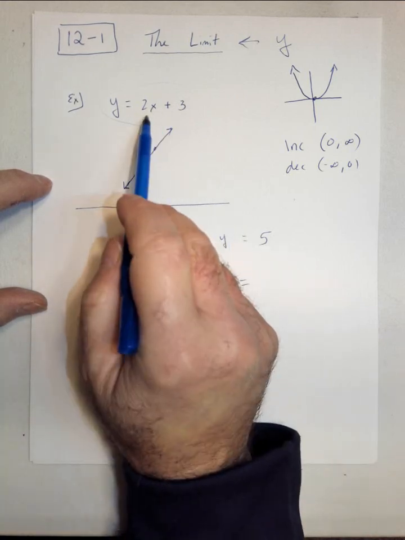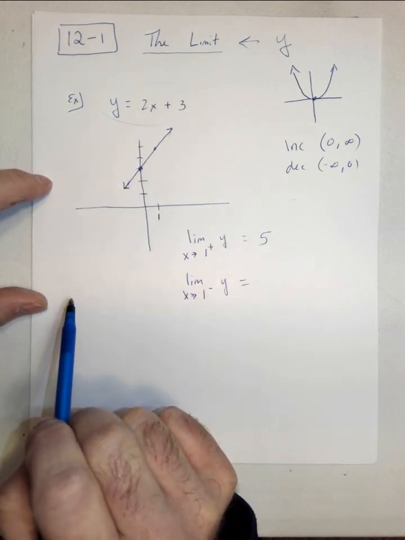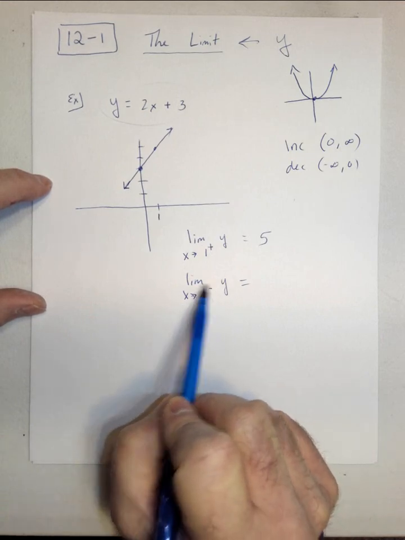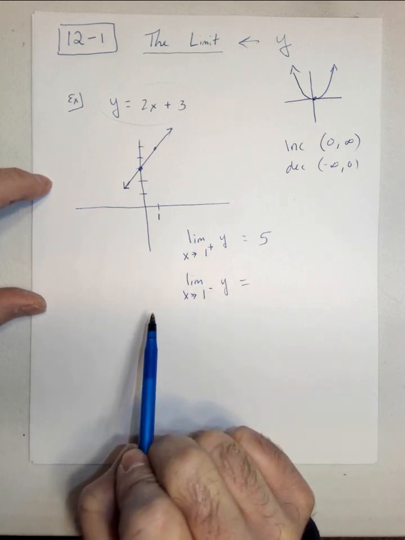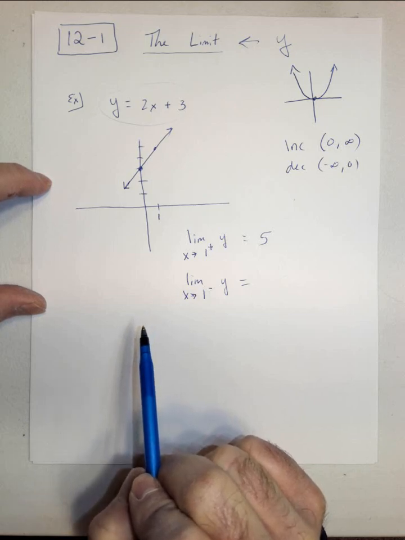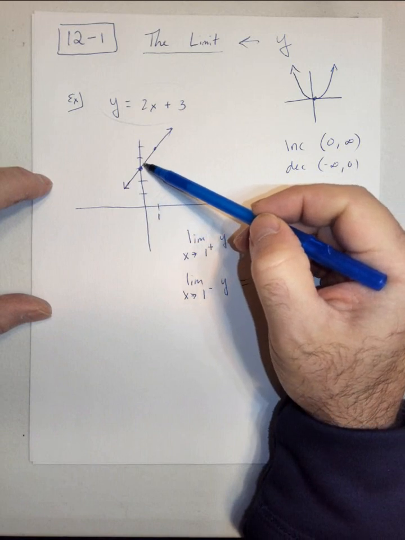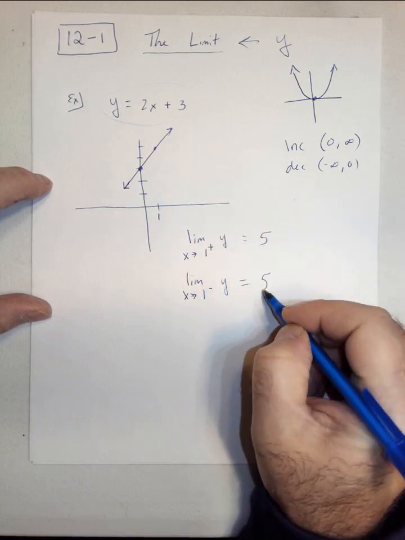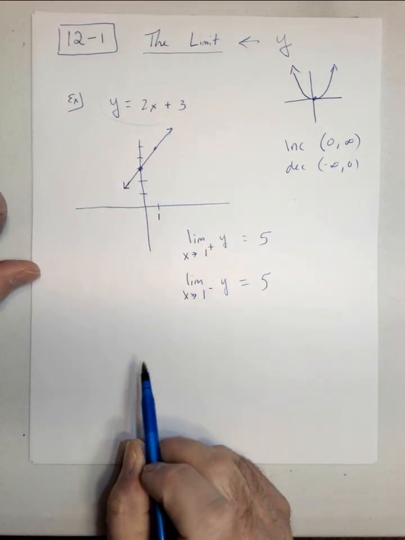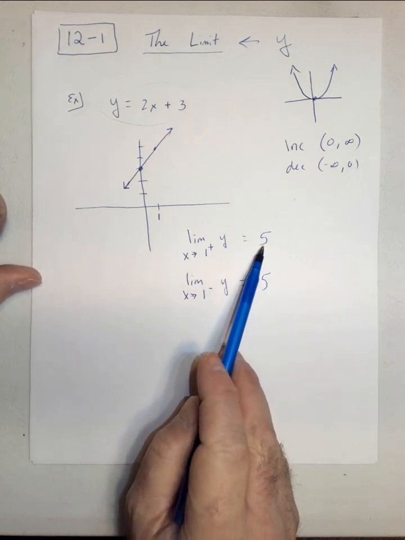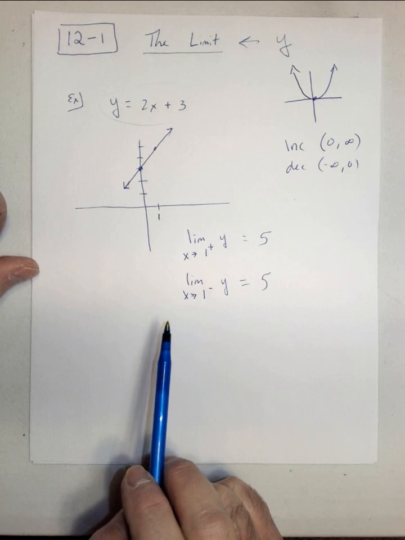So if we plug 1 in, and we see that y is 5, now we got to look and see what is the limit as we approach the same x coordinate, but now from the left. So as we approach from the left, y is approaching 5 as well. So in this particular example, we see that we actually get to 5.